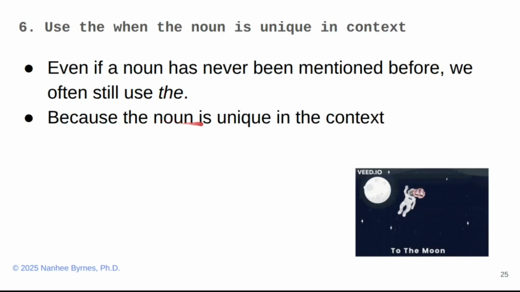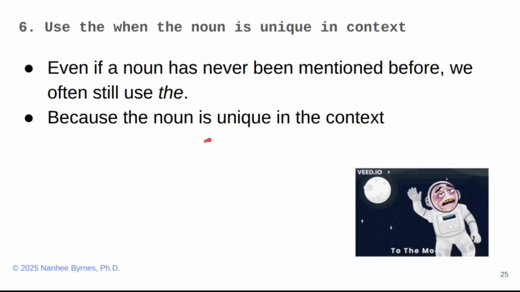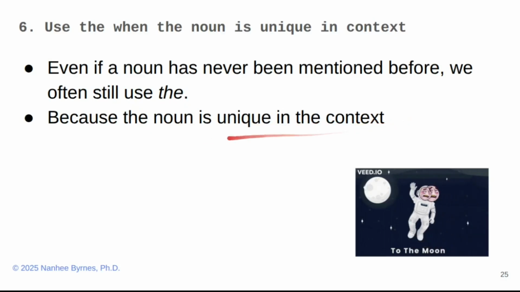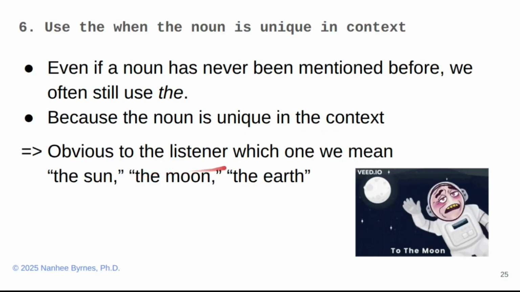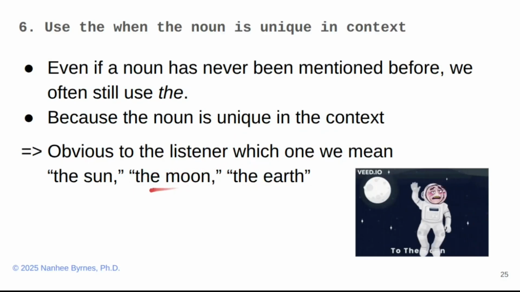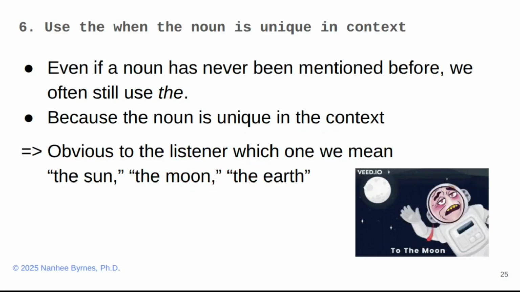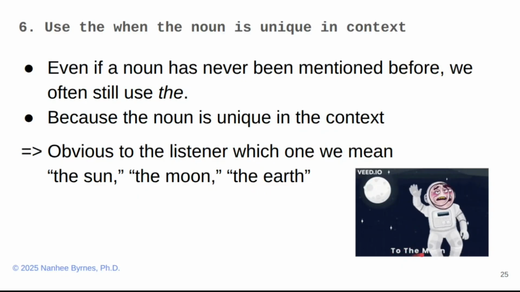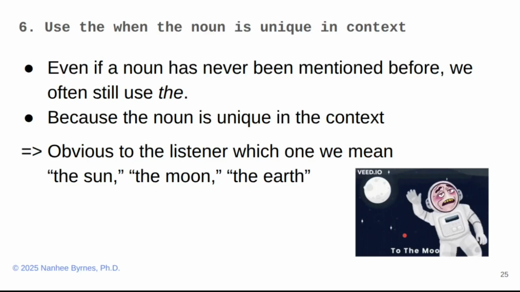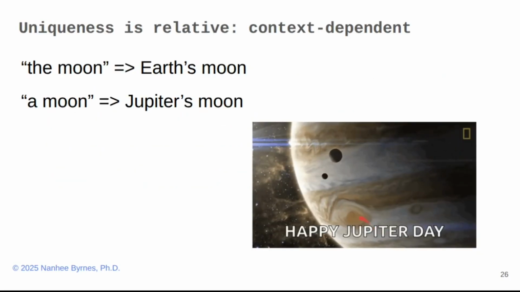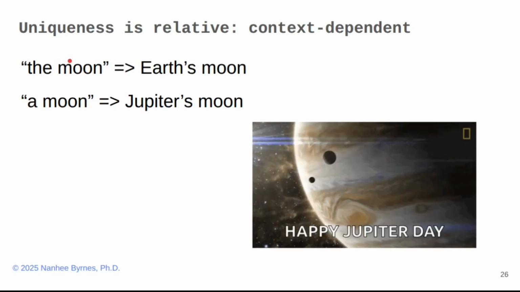Because sometimes the noun is unique in the context, obvious to the listener, or part of a shared common concept. Think about it. When you say the sun, the moon, or the earth, you don't need to explain which ones you mean. From our everyday human context, there's only one of each. They are unique to our world.